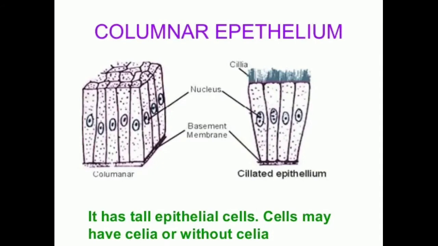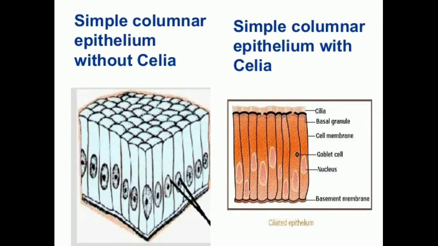In the respiratory tract, there are hair-like projections called cilia, so this tissue is called ciliated columnar epithelial tissue. Understood? So there are two types. The first is columnar epithelial tissue, which consists of tall pillar-like cells and is present in the walls of the intestine.